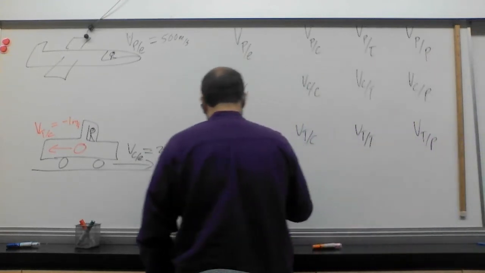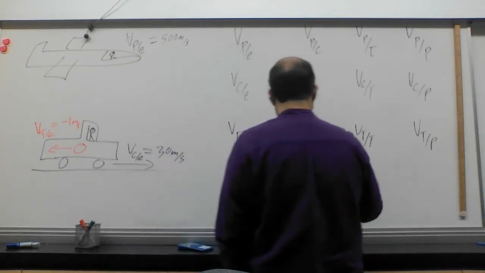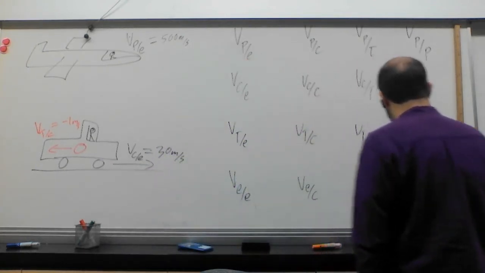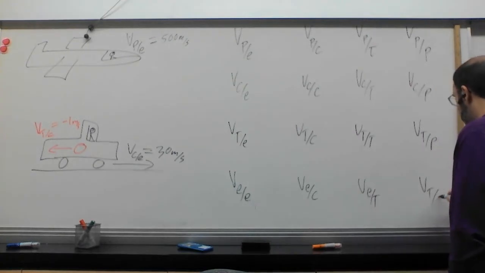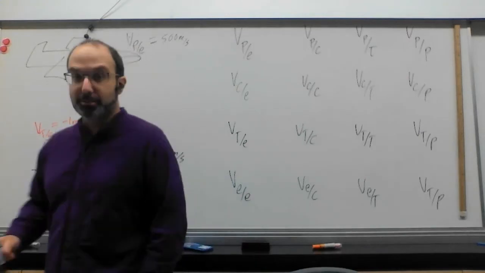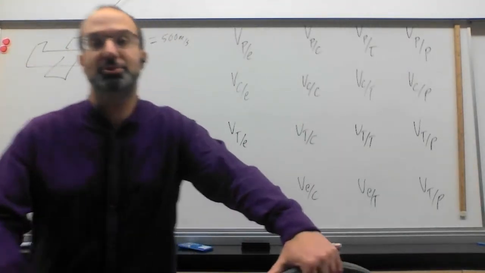And the last set, almost done. Velocity of the Earth with respect to the Earth, the velocity of the Earth with respect to the car, the velocity of the Earth with respect to the trash, and the velocity of the Earth with respect to the plane. Those are all of the possible relationships that we could have in this situation.